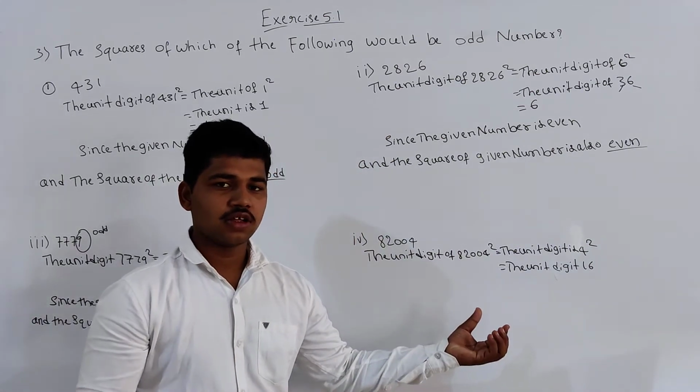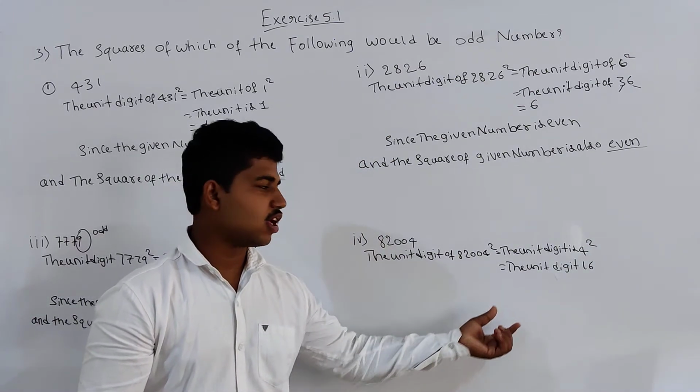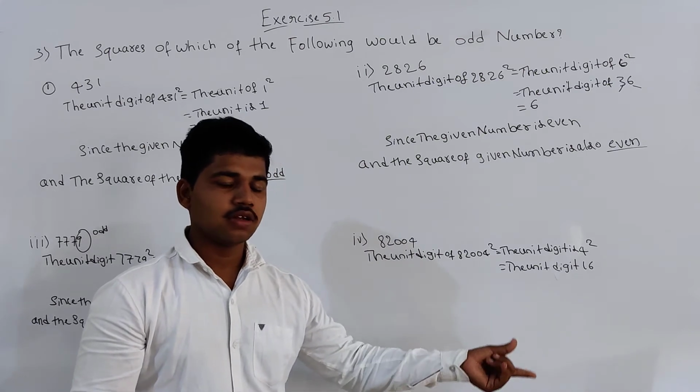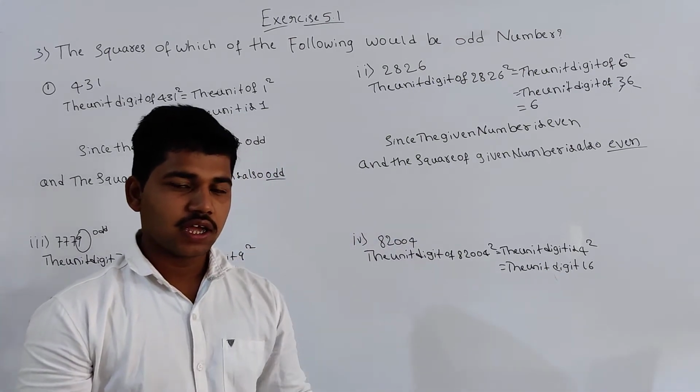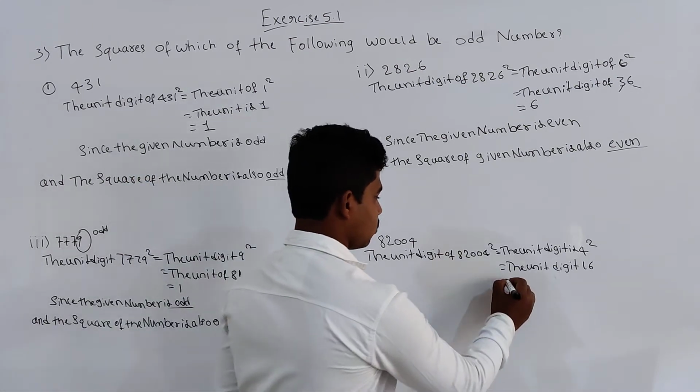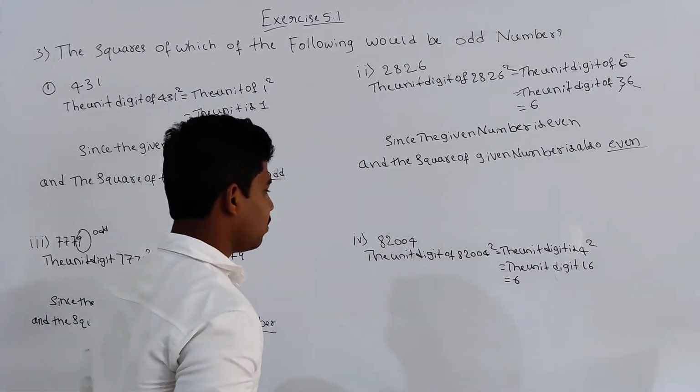When you find the square of the last digit, you get 16. In 16, the unit place has 6, the ten's place has 1, and 6 is an even number.